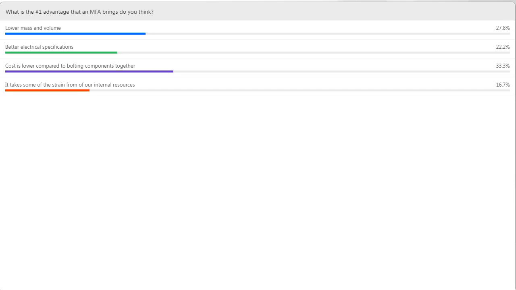Well, very interesting. The number one overall response is cost is lower compared to bolting components together. And right behind that, which is obviously tied to it, is lower mass and volume. And they tie together.